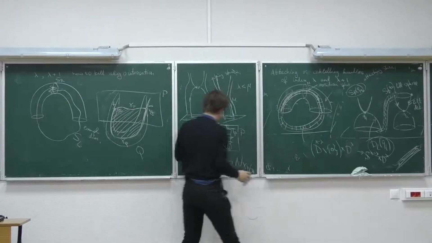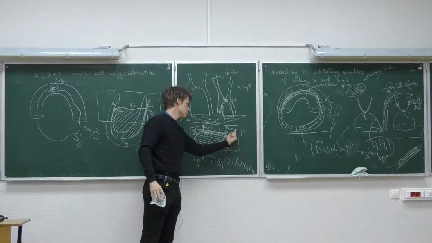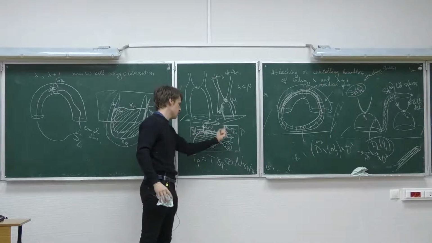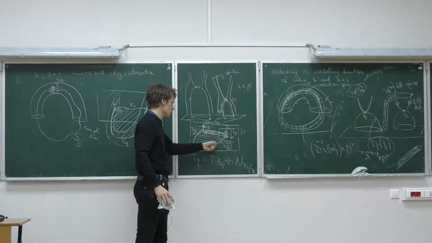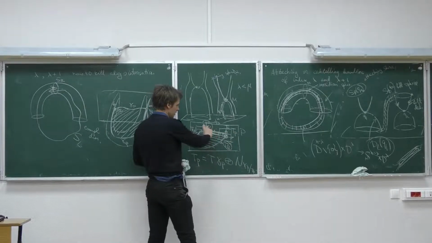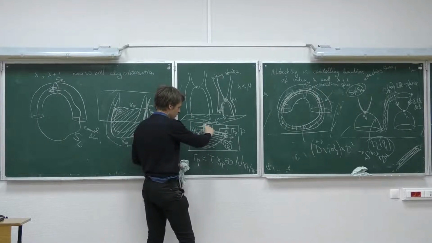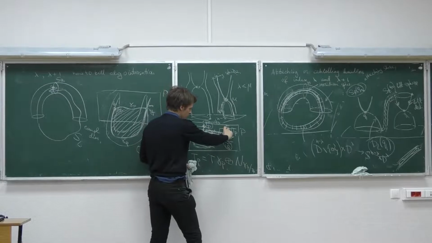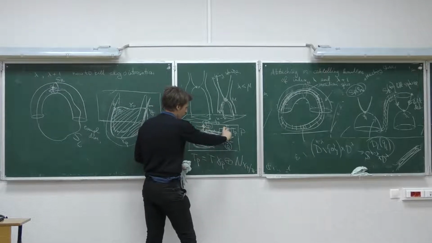So I have this tangent bundle, and I want to extend somehow this tangent bundle through this path. I want to extend this tangent bundle along this corresponding path.